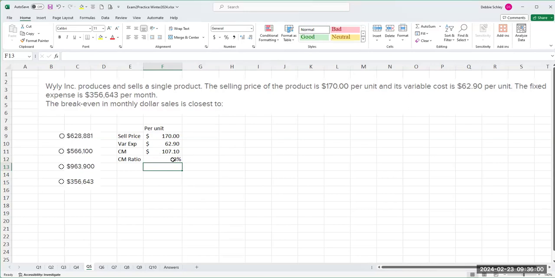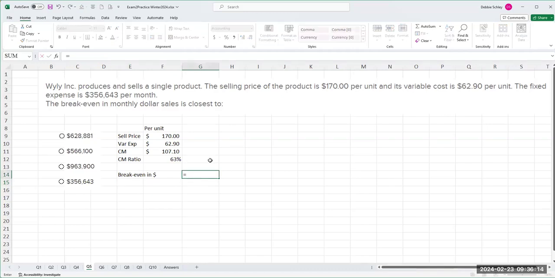So now to figure out break even in dollars, I will take my fixed expenses, which were 356,643, and I will divide that by my contribution margin ratio, right?